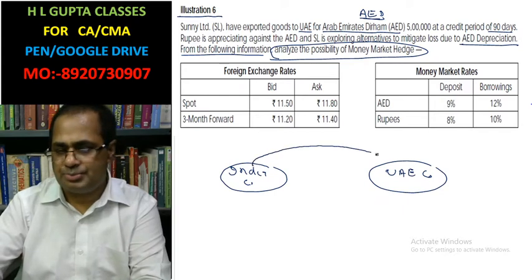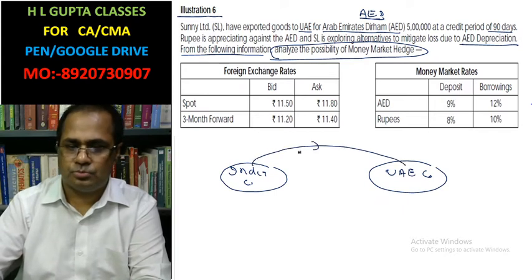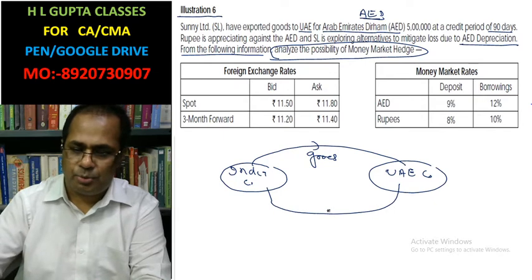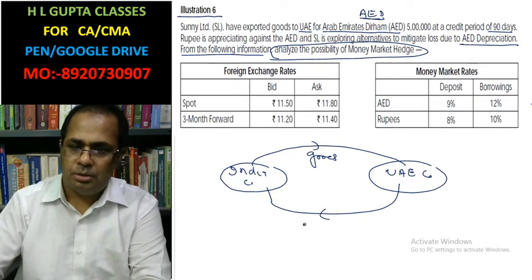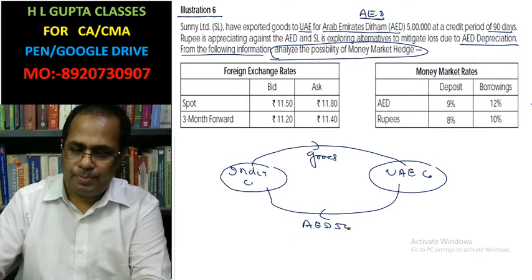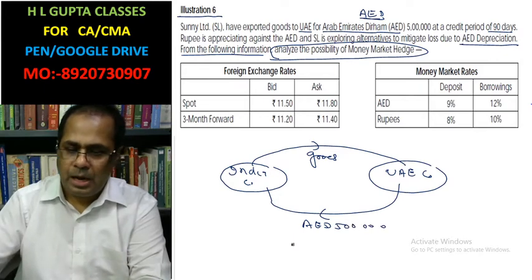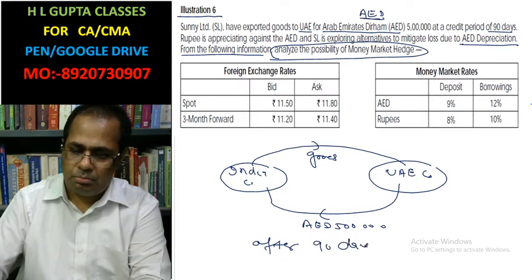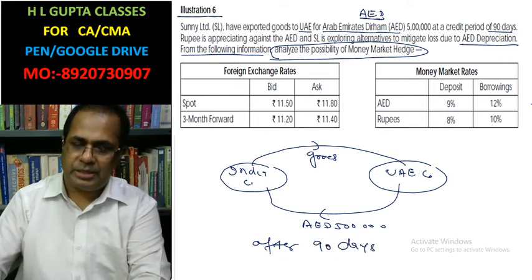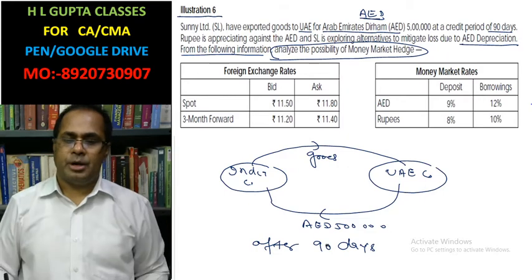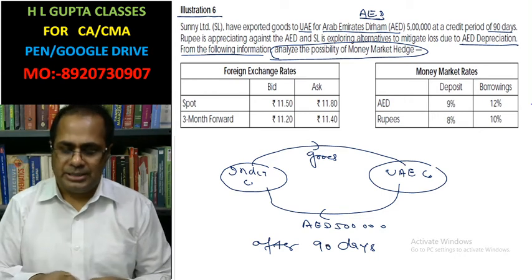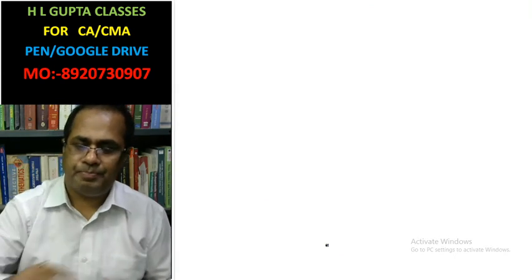This company has exported goods. On behalf of that, this company has to pay AED 5 lakh after 90 days. Now, by money market hedge, you have to calculate this. In this case, three steps are required.